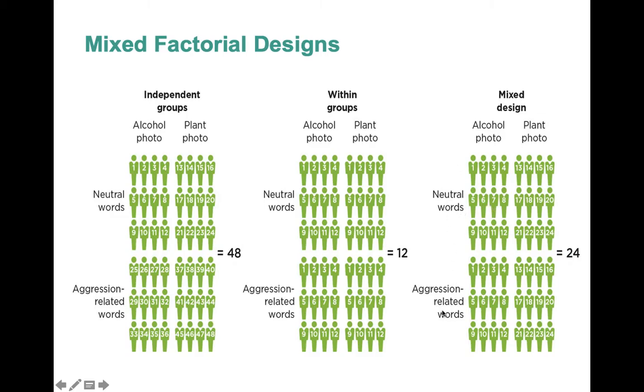The word type is the within groups or within subjects variable. So the first 12 people receive both levels of that variable. They participate in the neutral word condition as well as the aggression related word condition.